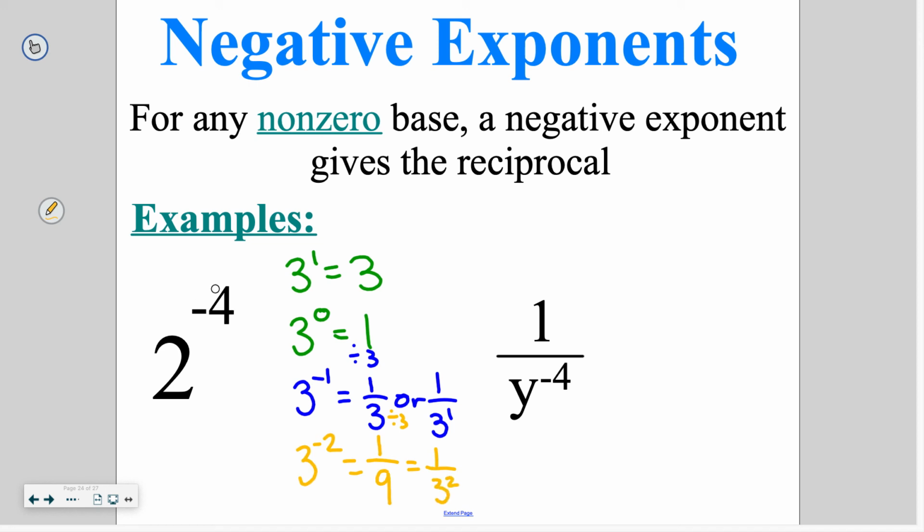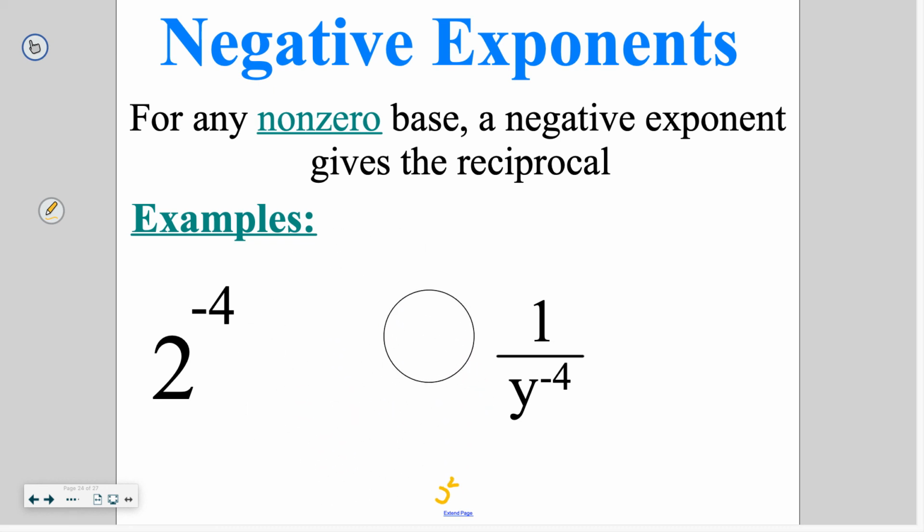So if you have this negative exponent, all it does is push that value to the denominator of a fraction. So if I've got 2 to the negative 4th power, that's going to give me 1 over 2 to the 4th power. The negative means you're dividing as you're going down, and division is in the denominator of a fraction.